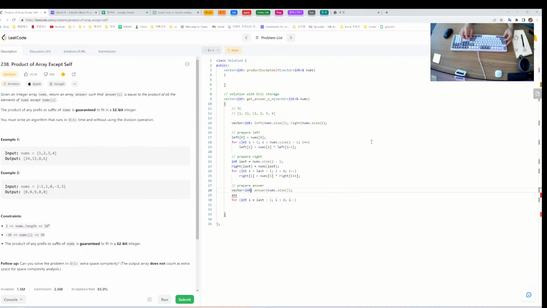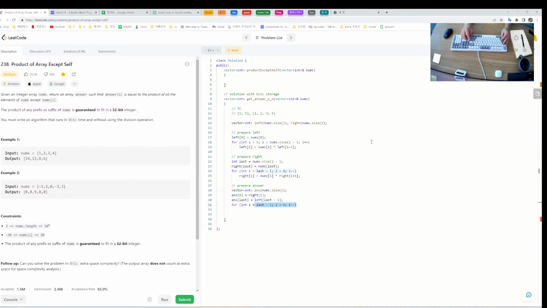Let's call it ans. ans[0] is right[1]. And then the last element, ans[last] is left[last minus 1], and so on.